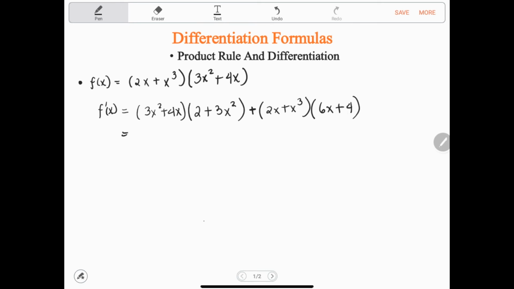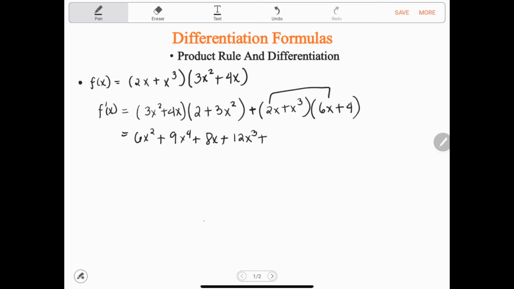Then, we'll FOIL it. 3x squared times 2 is equal to 6x squared. 3x squared times 3x squared is equal to 9x to the power of 4. 4x times 2 is equal to 8x. 4x times 3x squared is equal to 12x cubed.